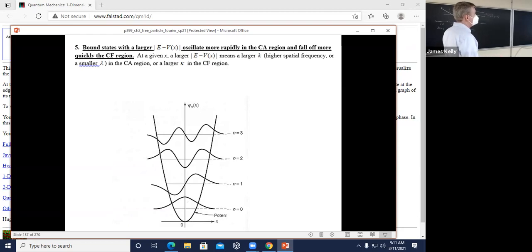We already know if you have a constant difference between those, it oscillates, and k is equal to the square root of 2m(E minus V) over h bar in the classically allowed region. So if V is constant, that means the oscillation frequency is determined by this difference. The bigger that difference, the higher the oscillation frequency in the classically allowed region. Similarly, in the classically forbidden region, it decays away more quickly the larger the difference between E and V in that region.